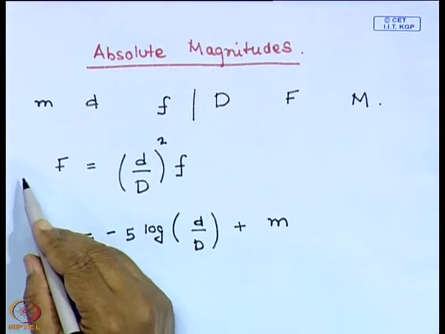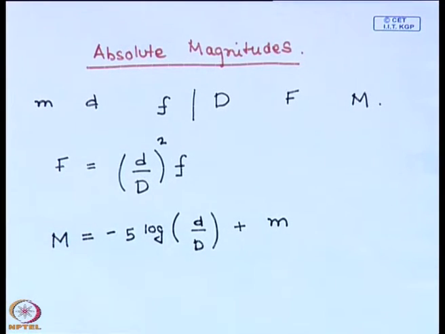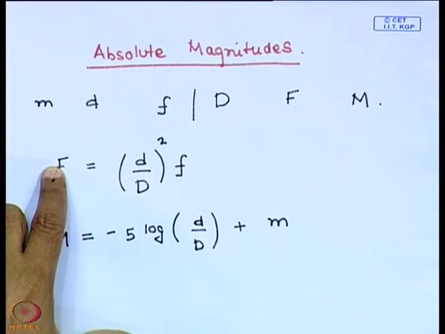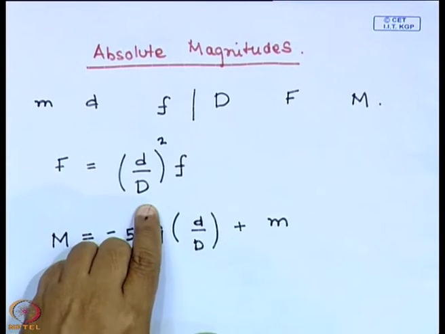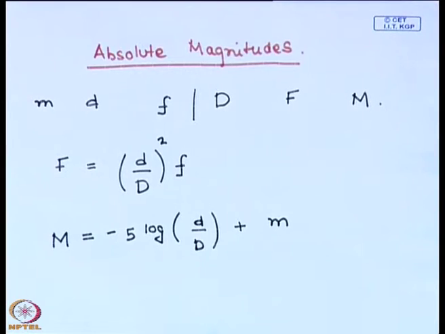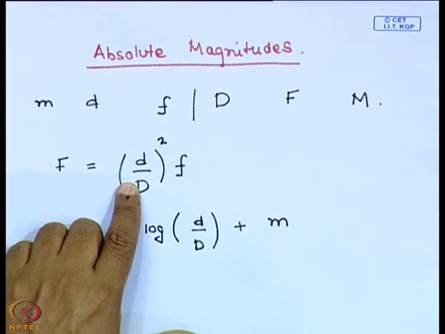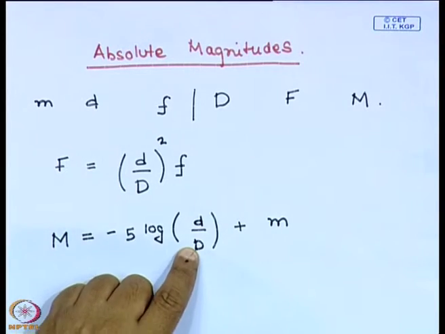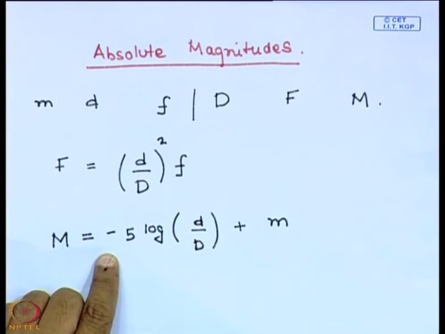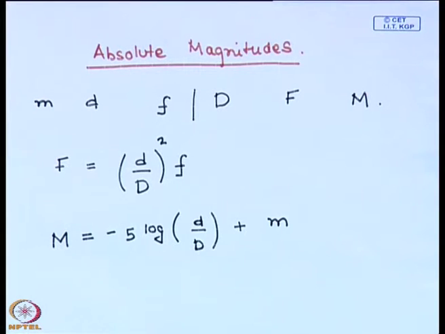I have to take log and then multiply it with minus 2.5, that will give the magnitude corresponding to a distance capital D. Similarly, I have to take log here and then multiply with minus 2.5, which will give me minus 5. So, this is it.